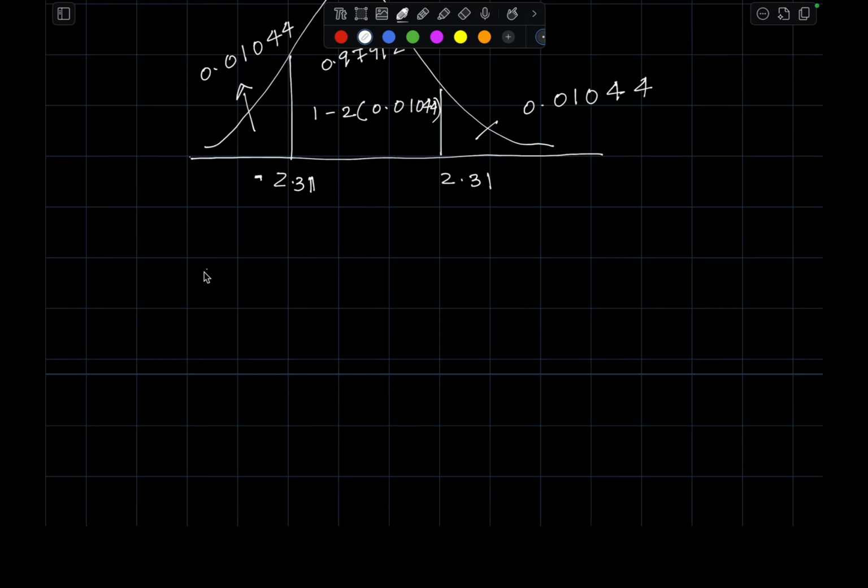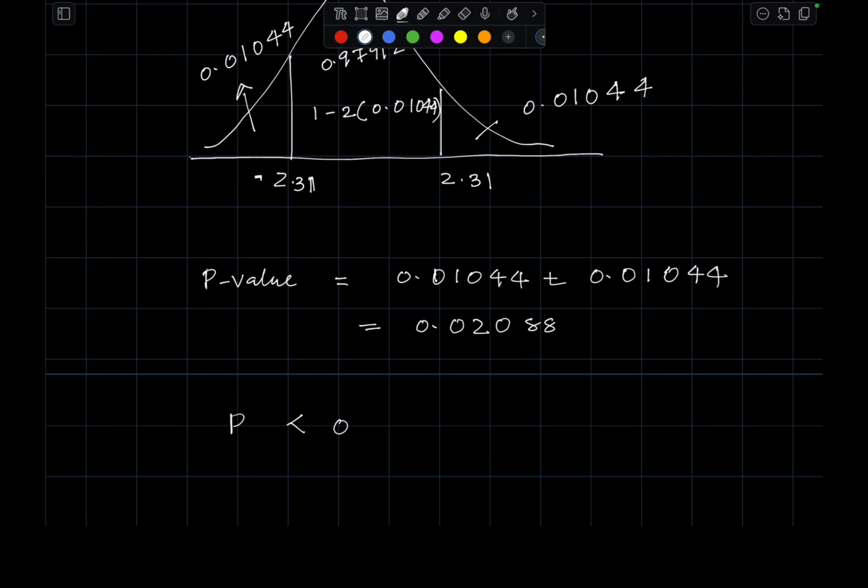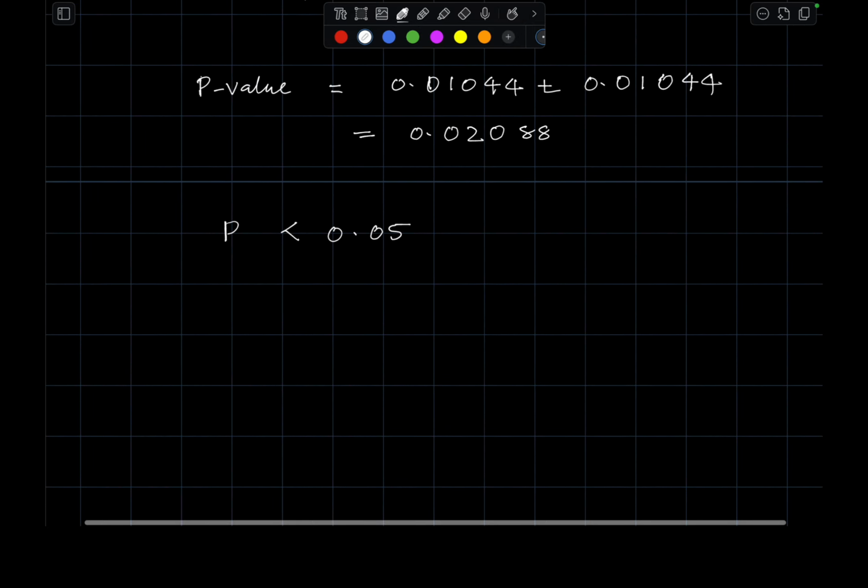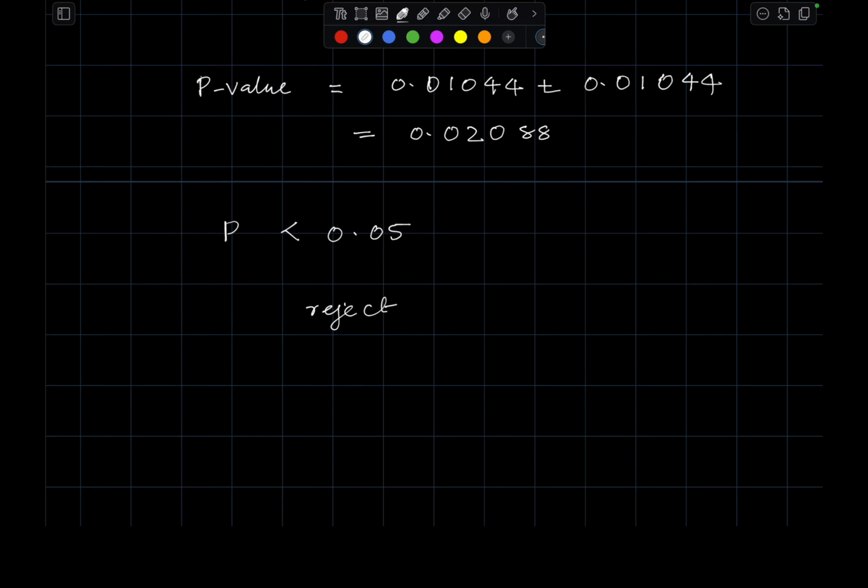So the p-value here is 0.01044 plus 0.01044, which is equal to 0.02088. And here p is less than 0.05, which again says that we have to reject the null hypothesis.